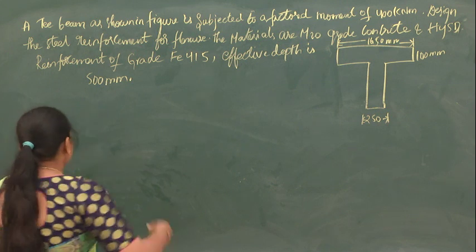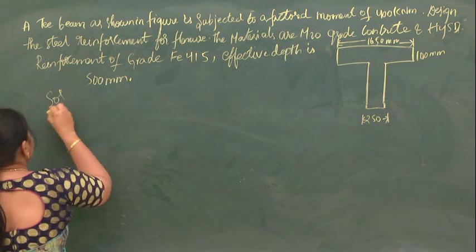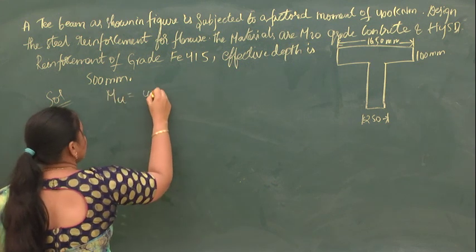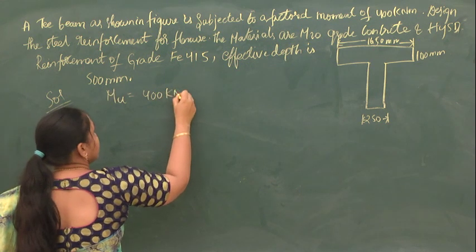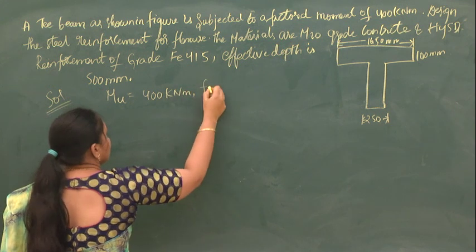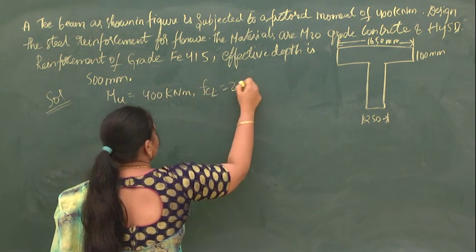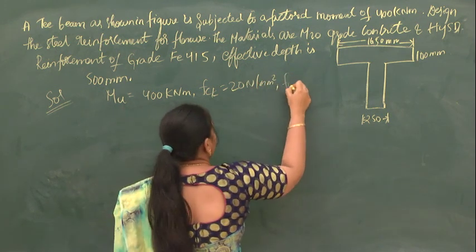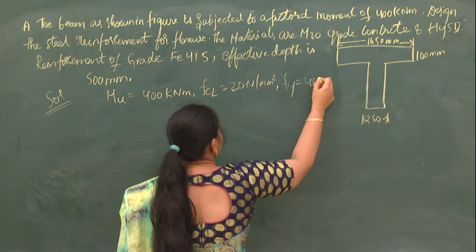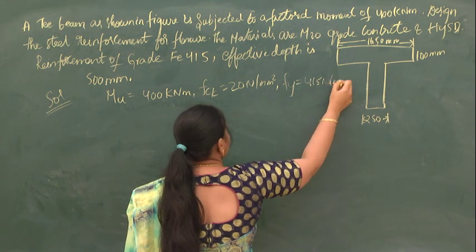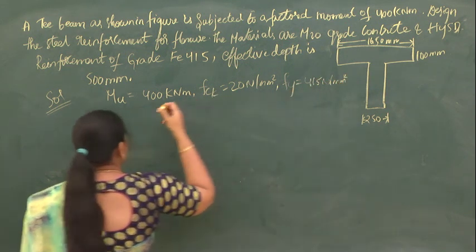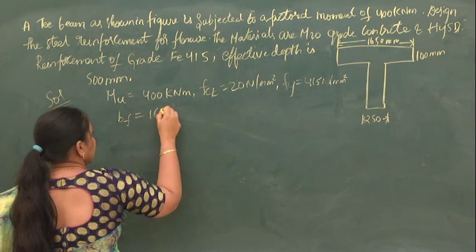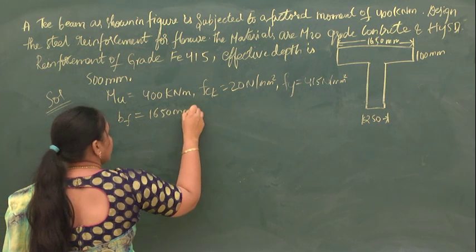First let us write down the given data. Mu is given as 400 kilonewton meter. The grade of concrete is 20 Newton per mm square. The grade of the steel is 415 Newton per mm square. The effective width of the flange is 1650 mm.